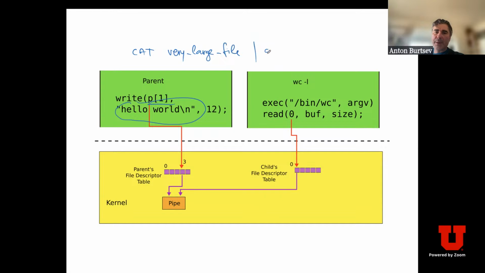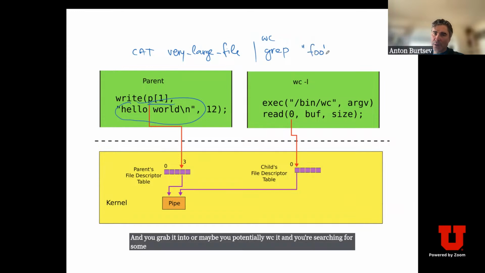And you grep it, or maybe you pipe it to WC, and you're searching for some substring foobar. And imagine that this very large file is a megabyte or gigabyte.